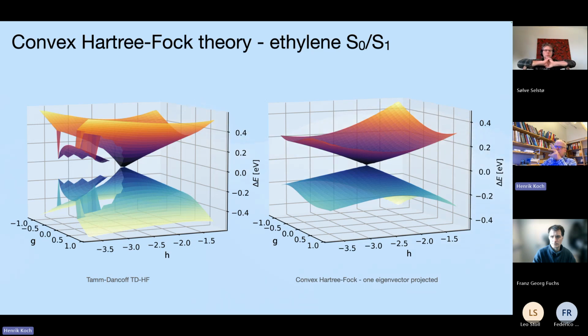They are not in the same place. However, if we look at the convex Hartree-Fock on the right, it's flawless. There is a nice conical intersection here. And this is the case where we have only projected out one eigenvector of the problem. So that is enough in order to fix the conical intersection with the ground state.